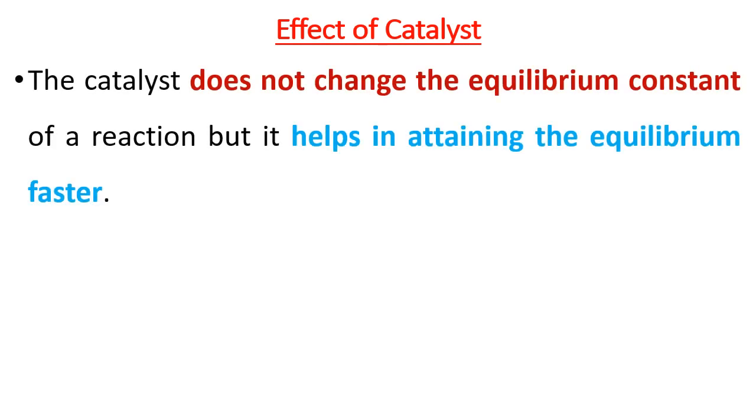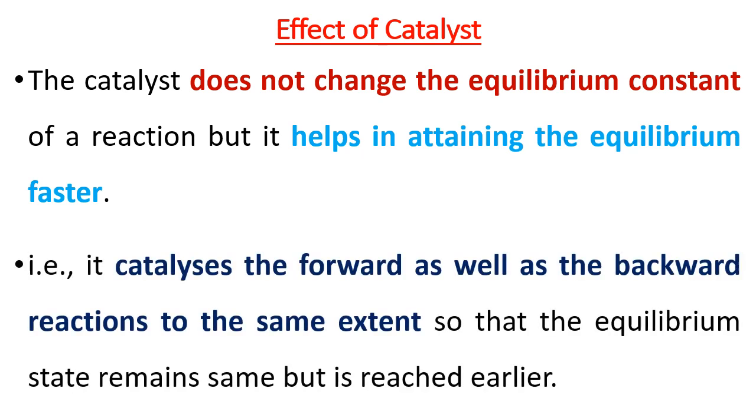The catalyst does not change the equilibrium constant of a reaction, but it helps in attaining the equilibrium faster. That is, catalyst catalyzes the forward as well as backward reactions to the same extent, so that the equilibrium state remains the same but is reached earlier.